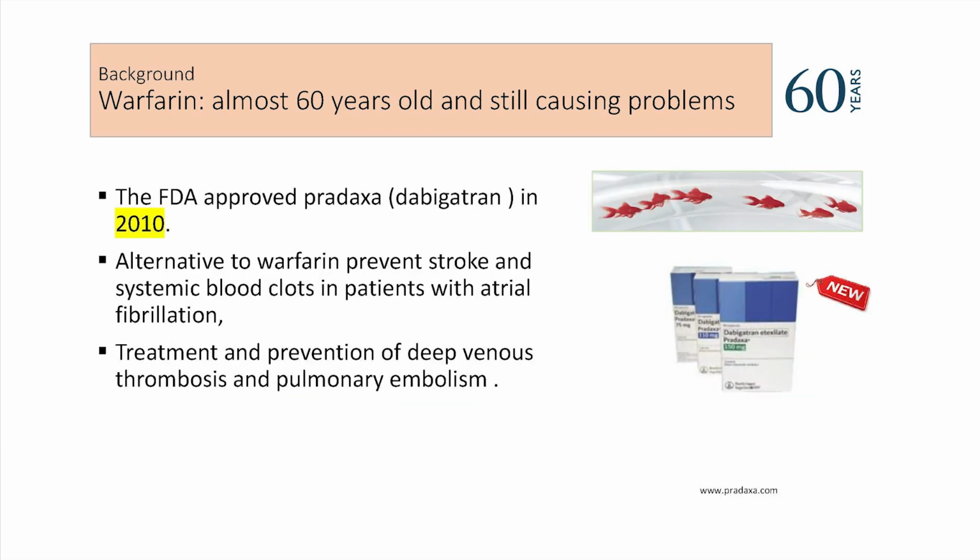In 2010, a new drug came into clinical practice and was approved by the FDA. At that time, there were around 11.5 million prescriptions that year. The superiority of this drug is that it has no drug-drug interaction. It does not need a special diet, and there is only limited interaction with other drugs.